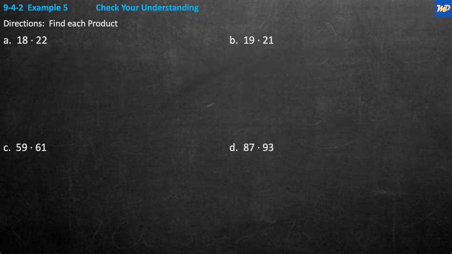Okay, example 5, check your understanding. You know what to do. You do these on your own and come back. But before you go, I want to mention something that I didn't mention in the previous slide. When you're doing these problems, if you notice that this is 18 and 22, they surround the 20 term. They're the same distance up and down. So I can take the 18 to 20, and it's going to be minus 2. And I can take the 22 to 20 and add plus 2.